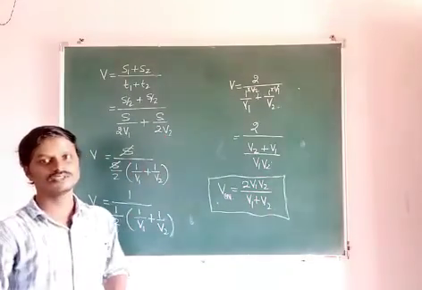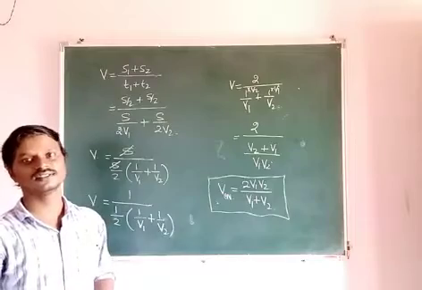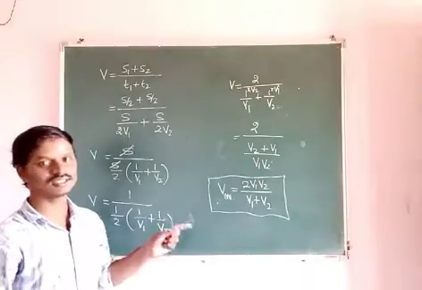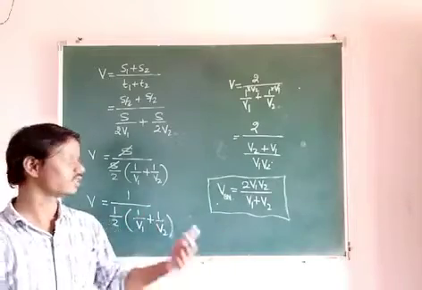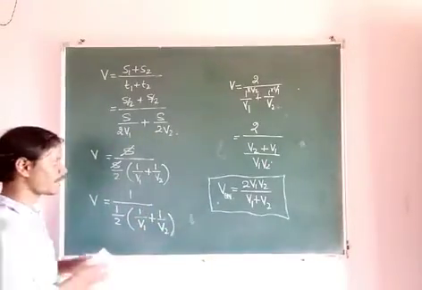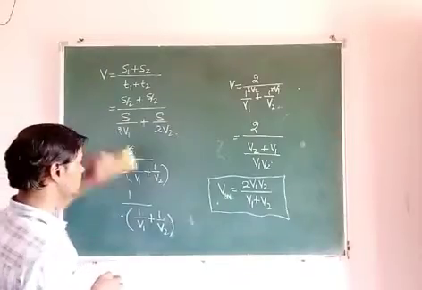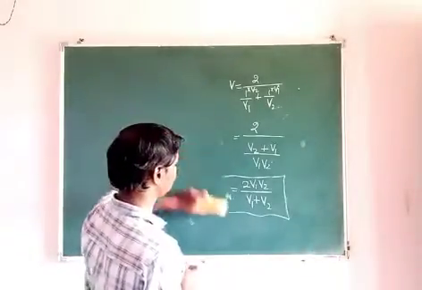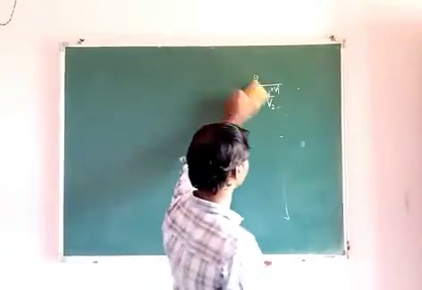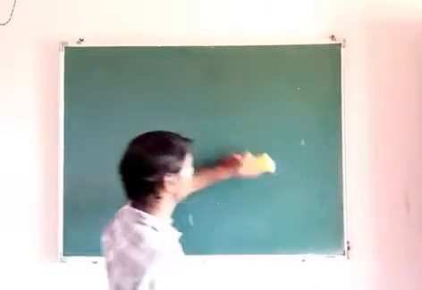If the object covers three equal distances in times t1, t2 and t3 with the speeds v1, v2 and v3, then how to find the average speed? Case number 2.